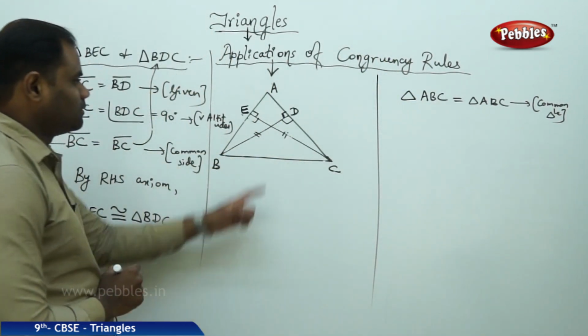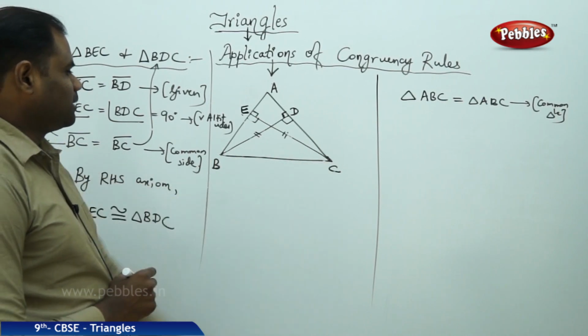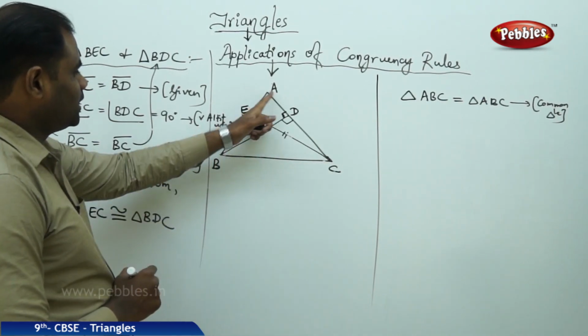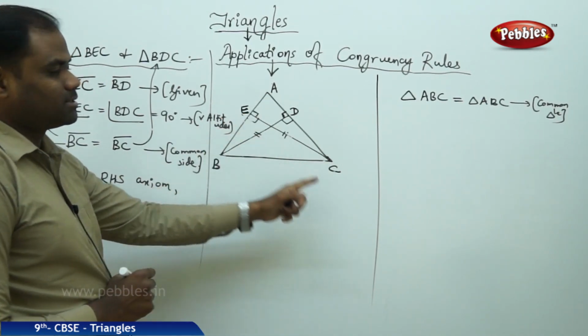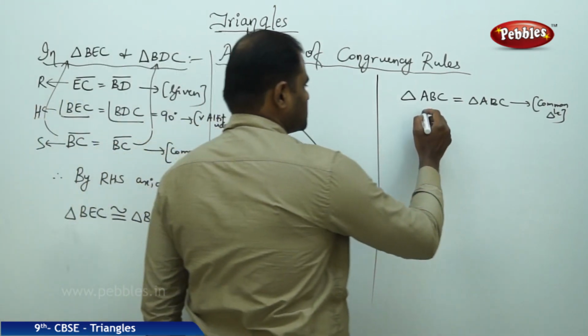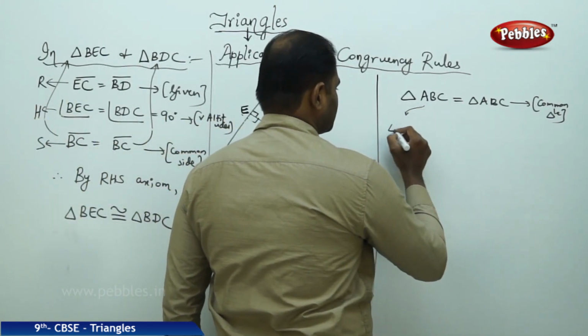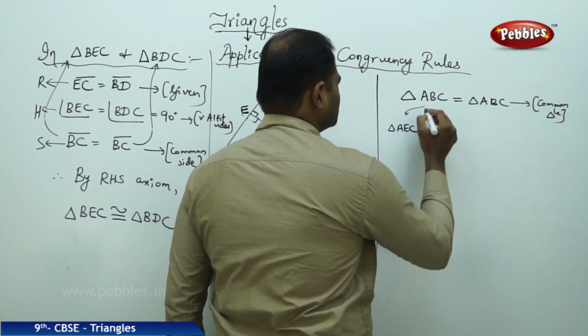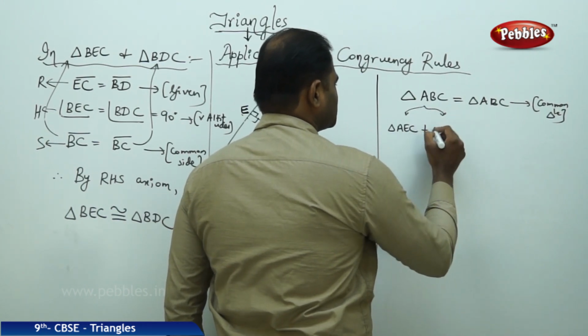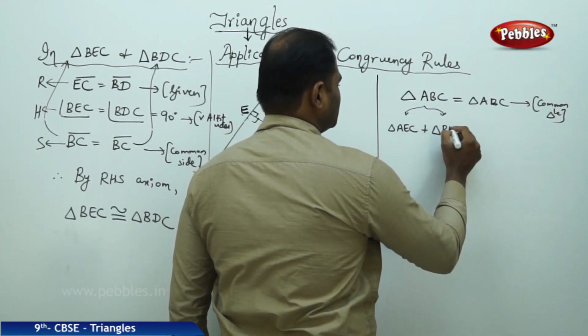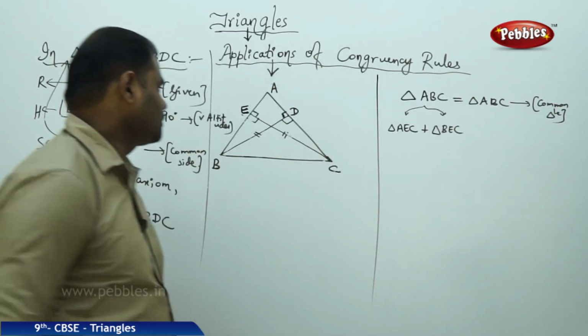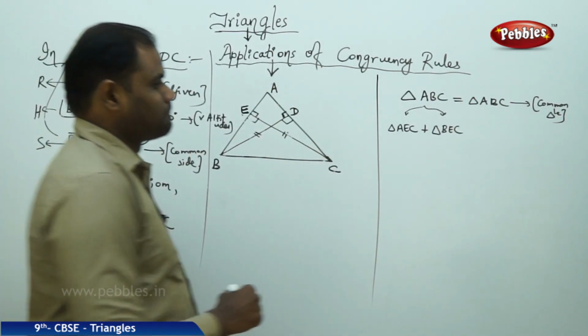Now, as I see here, my triangle ABC can be split as AEC plus BEC. So this triangle can be split as triangle AEC plus triangle BEC, as can be clearly seen here.